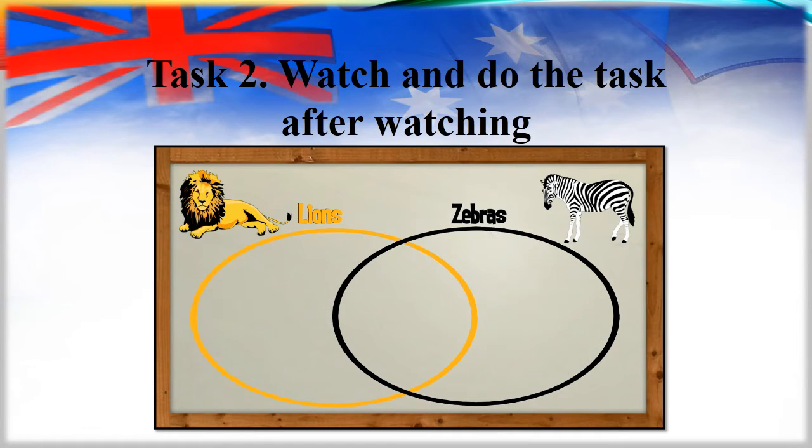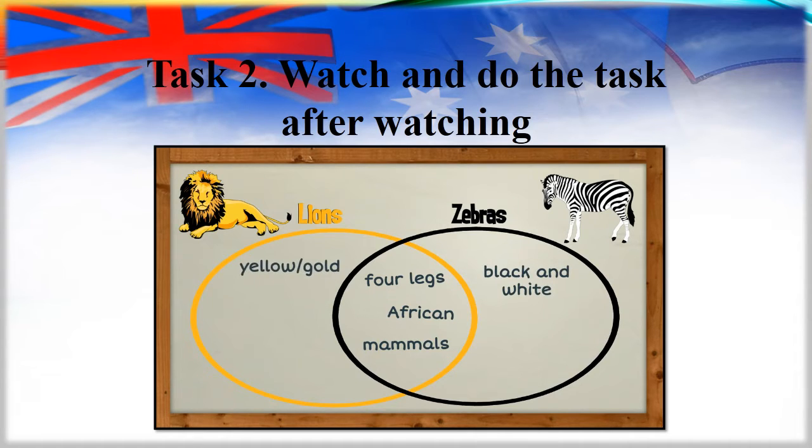We might note some similarities such as both animals have 4 legs, they're both found in Africa, and both are mammals. As for differences, zebras are black and white, lions are a yellowy gold. Zebras migrate, lions don't.